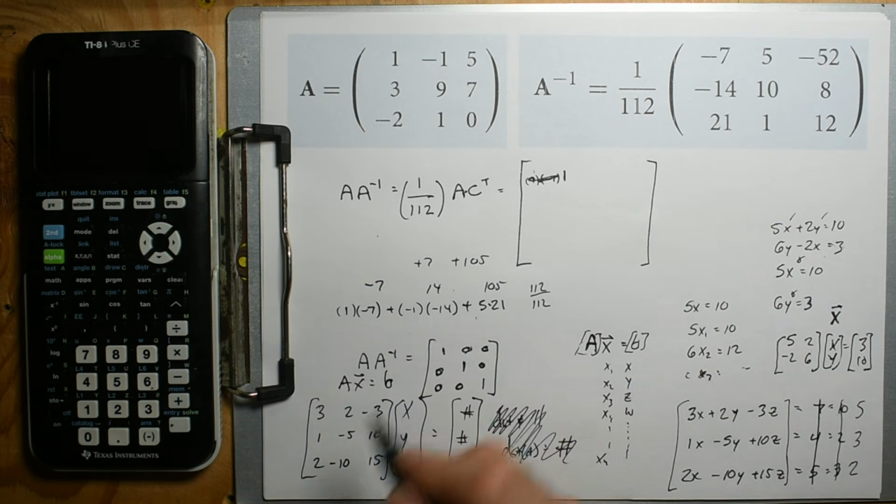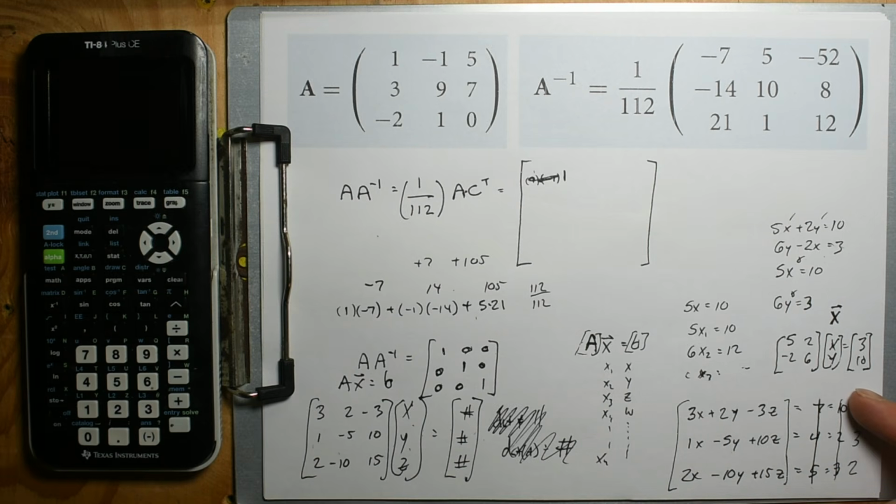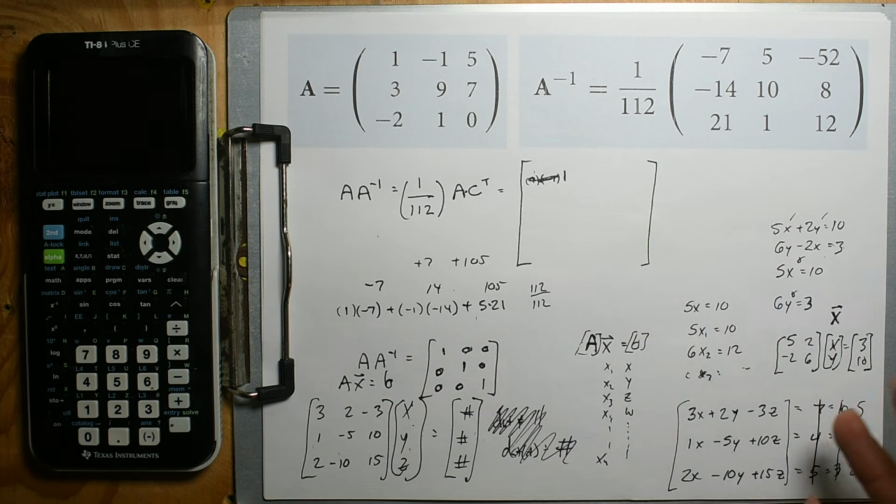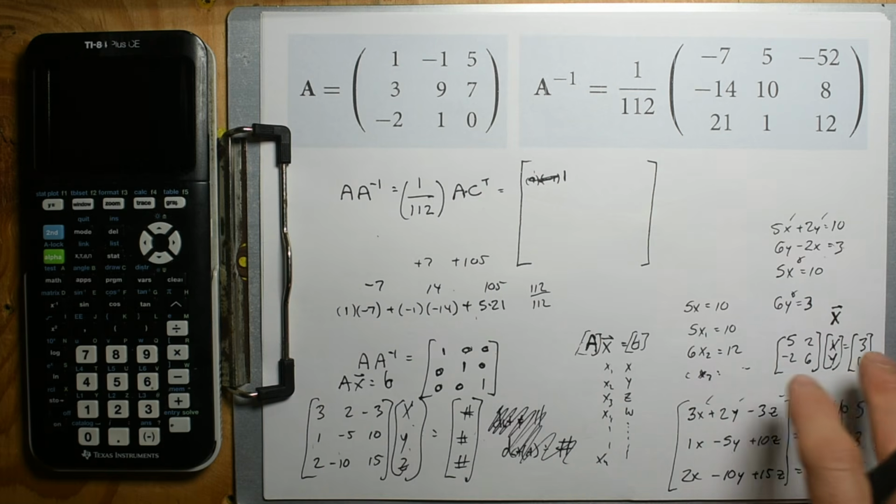So that's my solution set. Then I want to find the values that make these equations jive. So in a lot of physics, you'll know these outputs and these equations. You'll have 3 equations, 3 unknowns, and you're trying to solve for those unknowns.